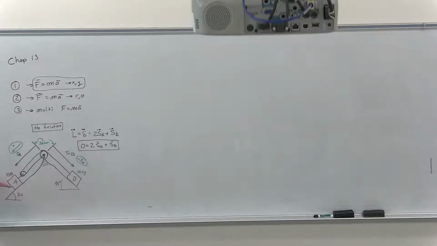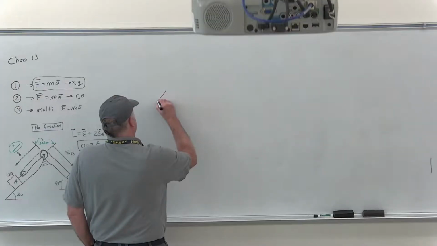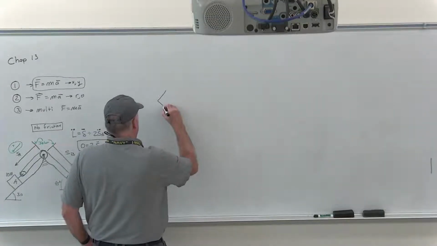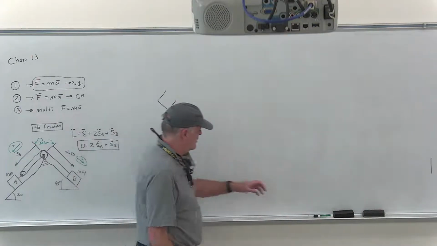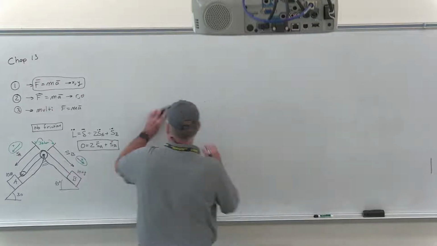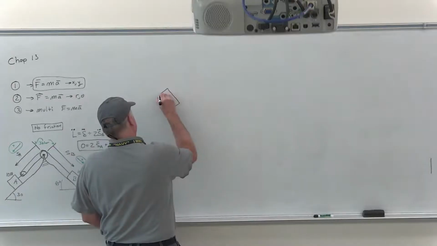So take A, and I'll redraw it. Hang on a second. That's the 30 degrees, so let me try to at least make it look like 30 degrees. Okay.